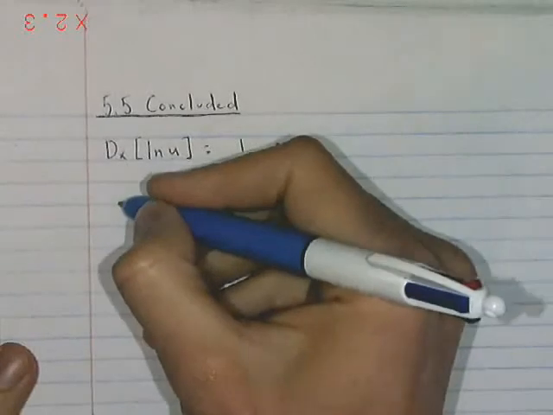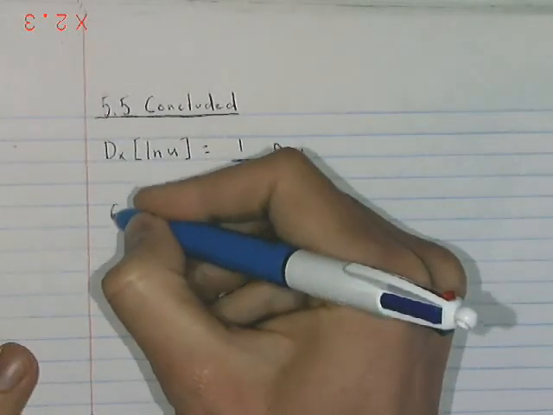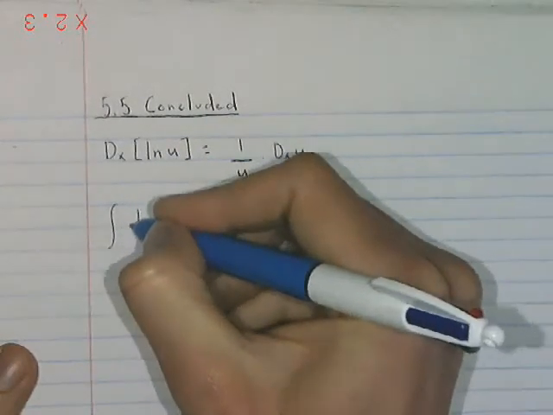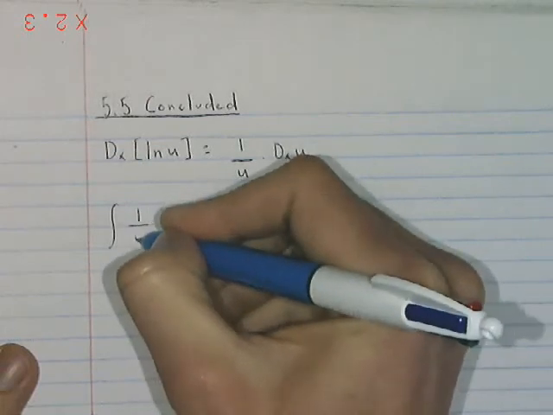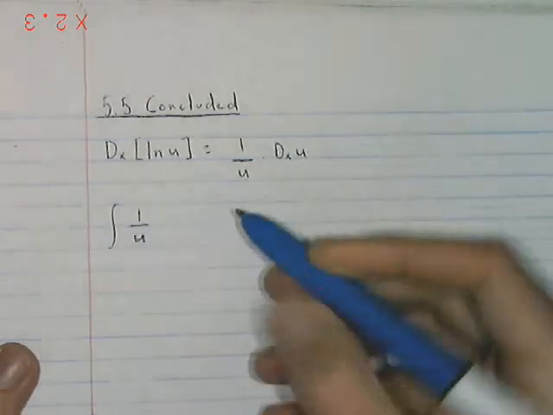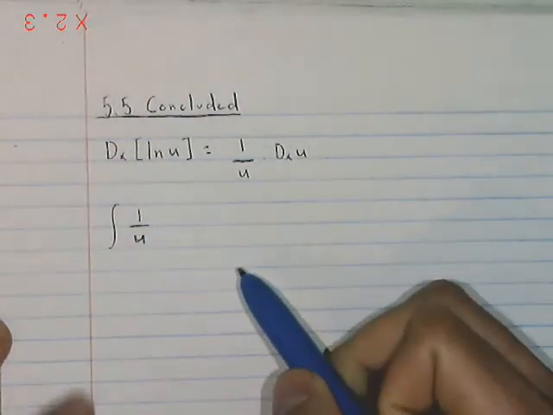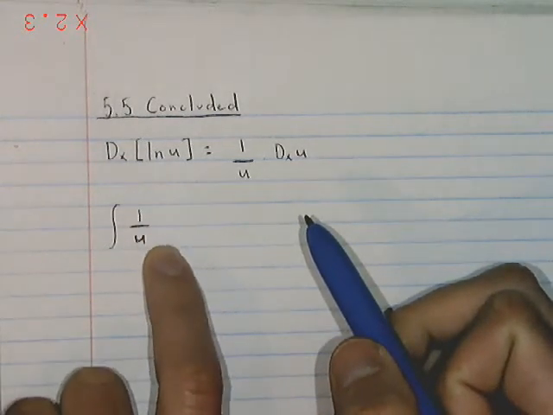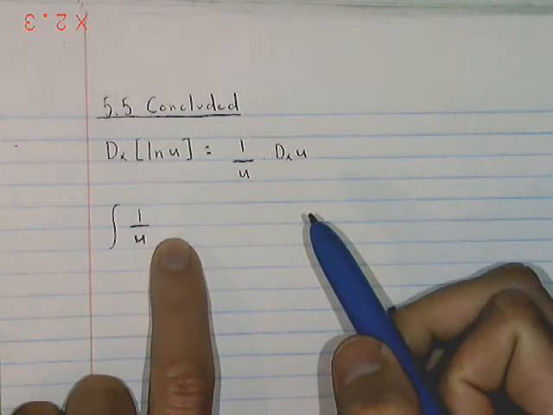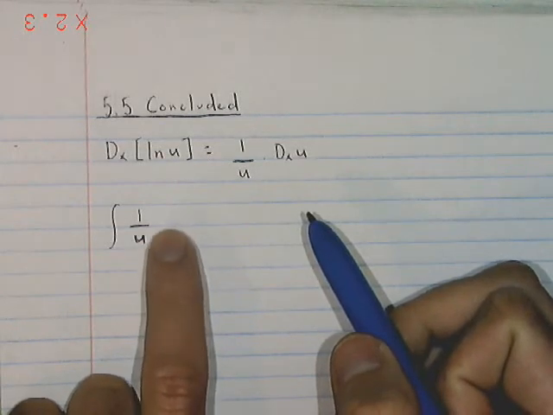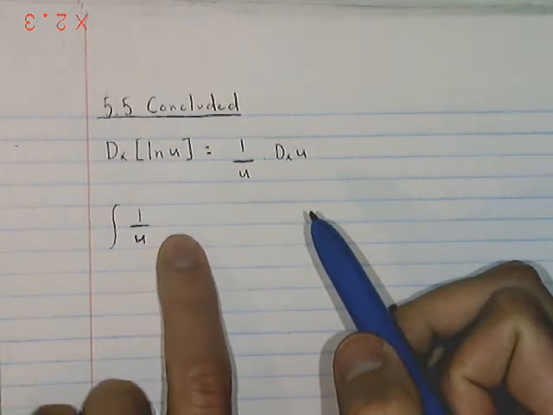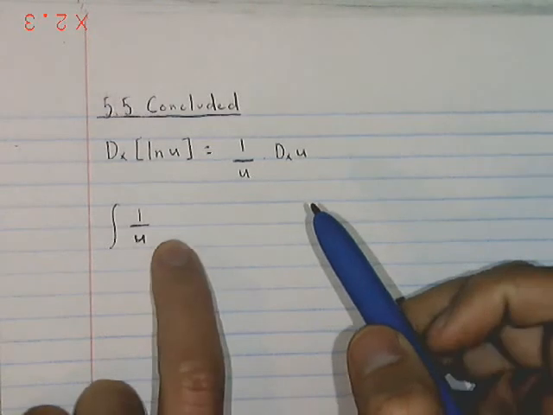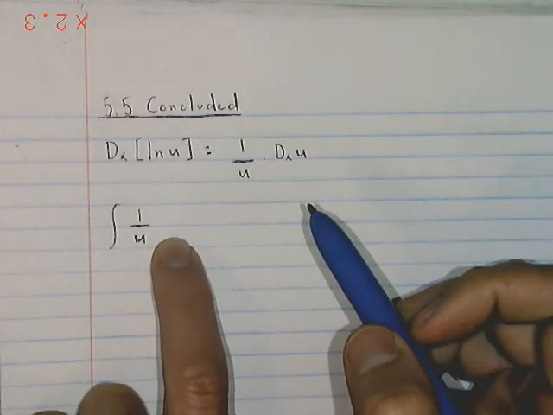So if we want to integrate 1 over u, remember that was a big deal, because previous to the introduction of the derivative of the natural log, we were at a loss for how to integrate this, because we didn't have the power rule to save us, since u to the negative 1 led us to an issue.